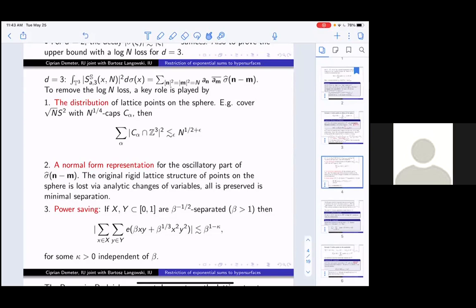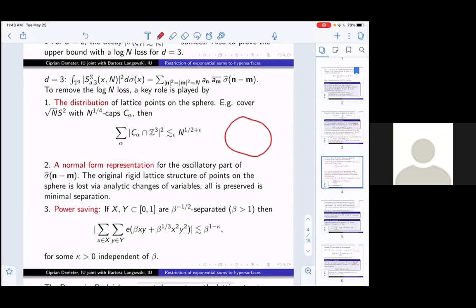There are gaps in the distribution and so on. Now, they don't need cutting edge technology, but they do use things that are highly non-trivial.